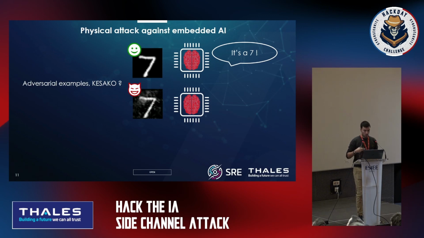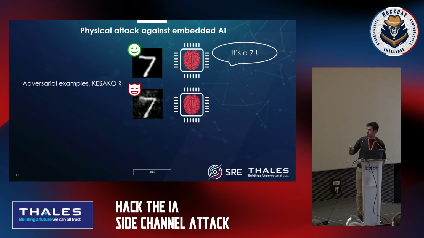But what we can do from an adversary's point of view is generate an adversarial example. The goal consists in inserting some noise into the input, such that this noise cannot be seen by our own eyes.